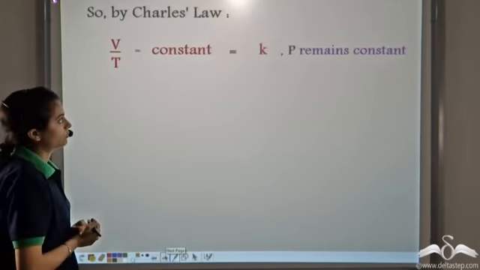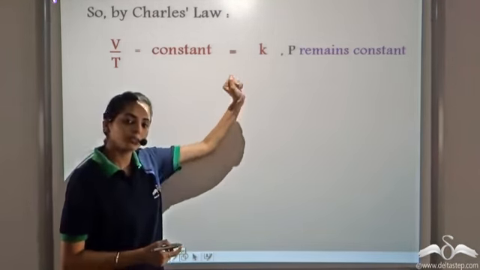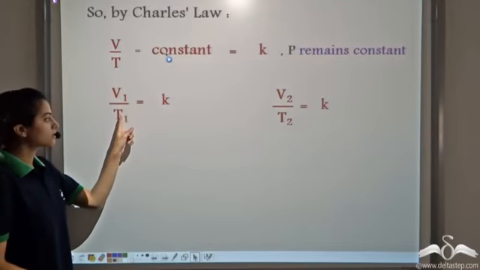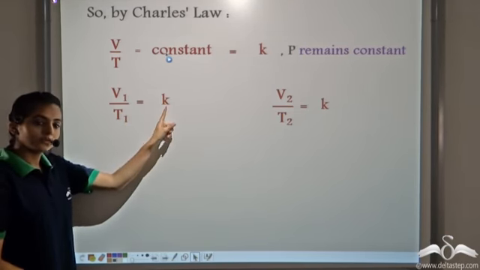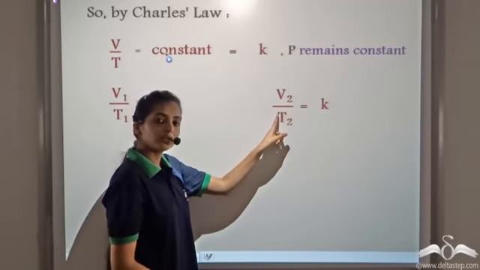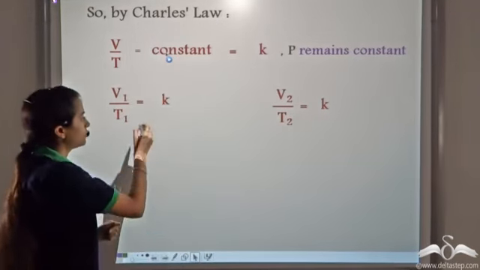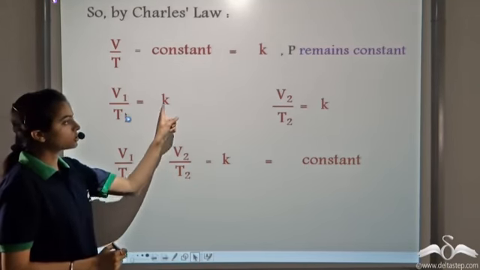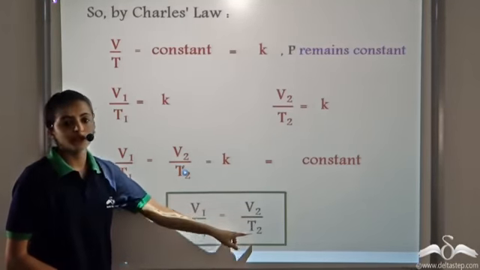So let's revisit Charles' law. It states that V by T is constant. Let's denote this constant by K at a constant pressure. Say this is the initial volume of a gas and this is the initial temperature of a gas, so V1 by T1 is some constant K. If this is the final volume of the gas, V2, and this is the final temperature of the gas, T2, then V2 by T2 is also the same constant K. So we get that V1 by T1 is equal to V2 by T2.